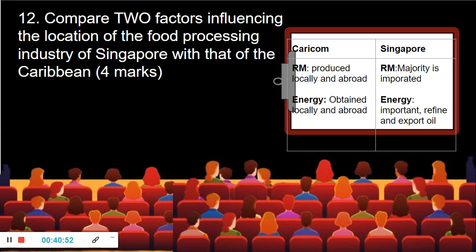Singapore imports, but they also refine and then they re-export. So there is a well developed oil refining industry in Singapore. And so that also aids in the success of their food processing industry.